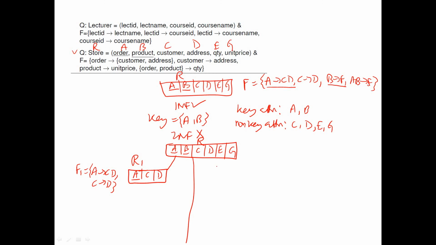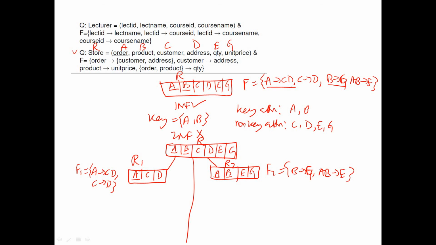And the original table contains what? That is R2 containing A, B, E, G. The F2 is containing what? B to G and AB to E, right? Now students, you can check.